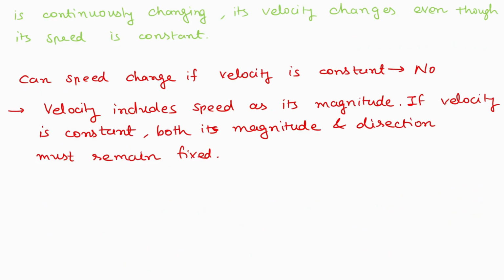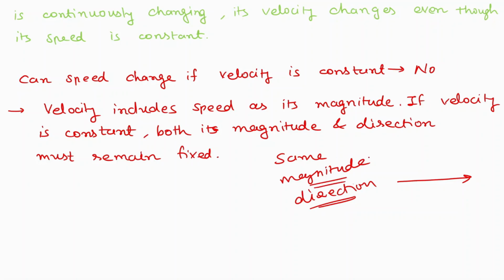Okay. Now question number 2 says, can speed change if velocity is constant? No. Why? Let's suppose a car is going in this direction. Constant velocity means same magnitude and same direction as well.